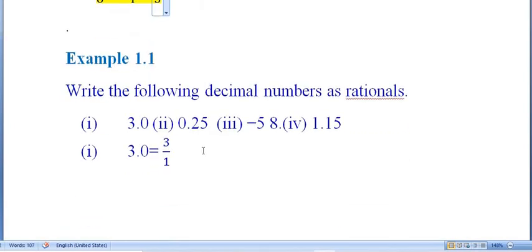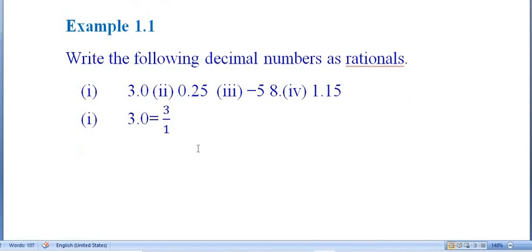Now example 1.1. Write the following decimal numbers as rationals. So we have to make this form as the rational numbers. First one, 3.0. So 3.0 can be written as 3 by 1. So 3.0 equals 3 by 1.